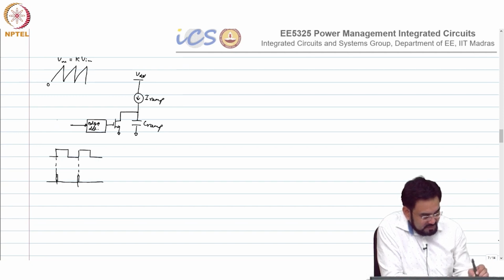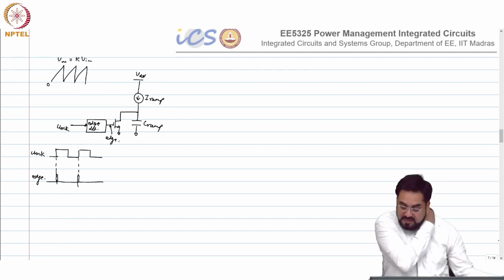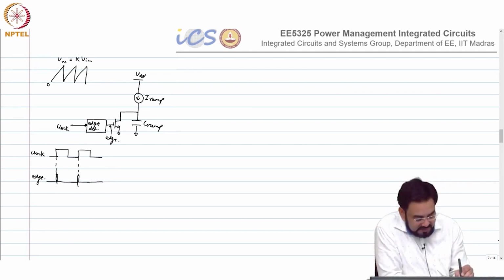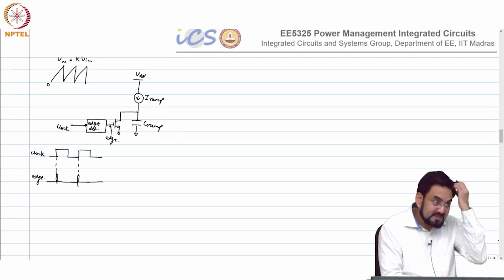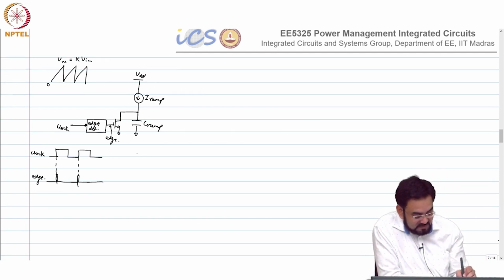So this is your clock signal, and this is your edge. So what would happen? Just apply the capacitor charging formula. What will be this voltage V ramp?